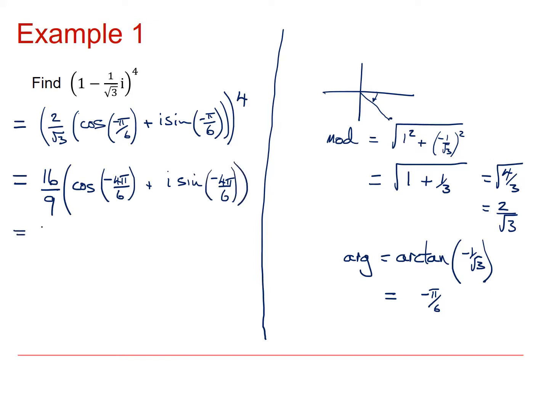Just simplifying that a bit, I've still got 16 over 9 cos of minus 2 pi by 3 plus i sine of minus 2 pi by 3. Well, the cos of minus 2 pi by 3 gives me minus a half, and the sine gives minus root 3 over 2.